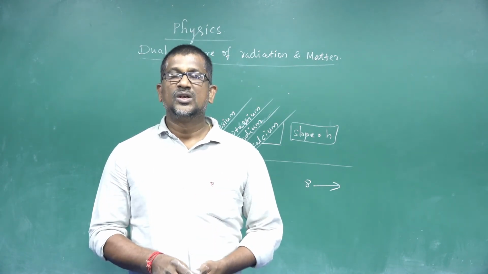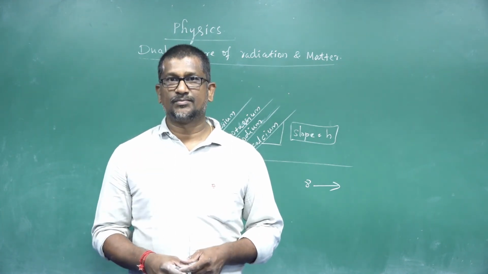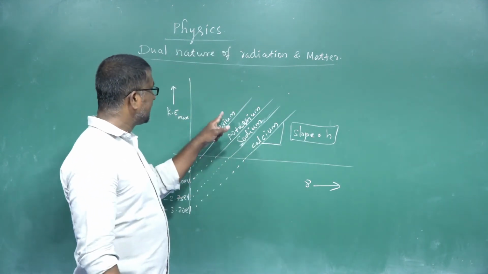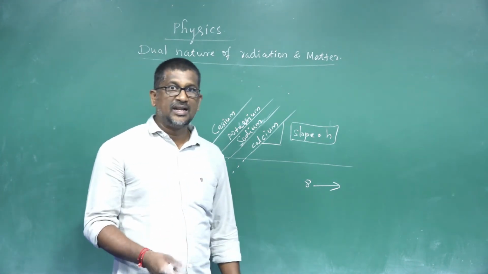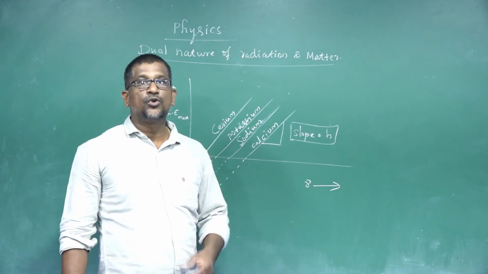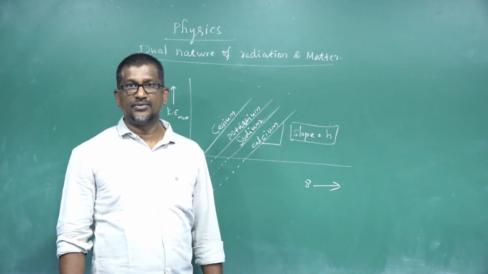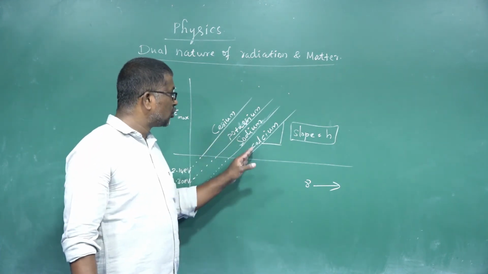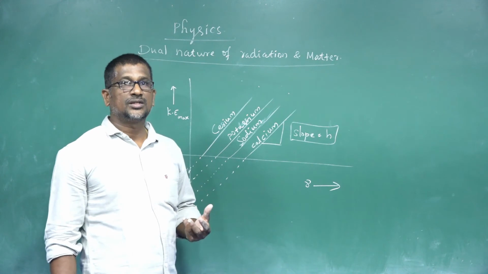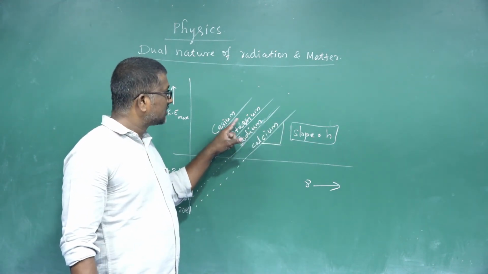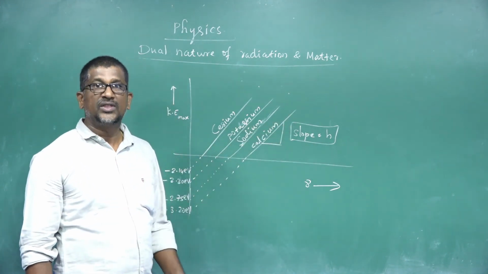R.A. Millikan conducted several experiments using different alkali metals like cesium, potassium, sodium and calcium, in order to verify the Einstein photoelectric equation. After performing those experiments, he found that the slope of these lines gives Planck's constant, which is independent of the nature of the metal.